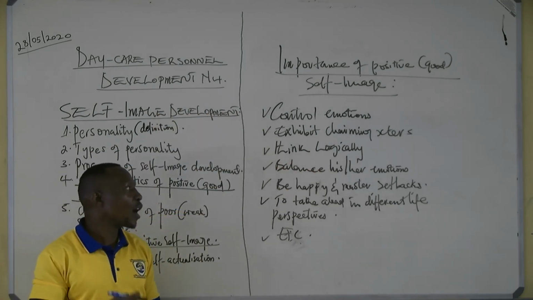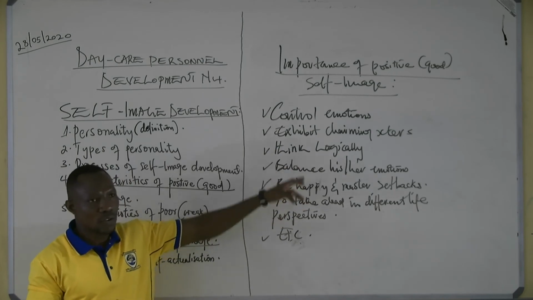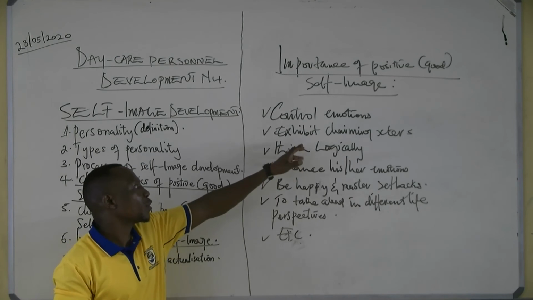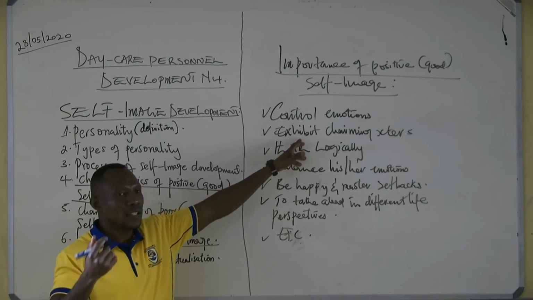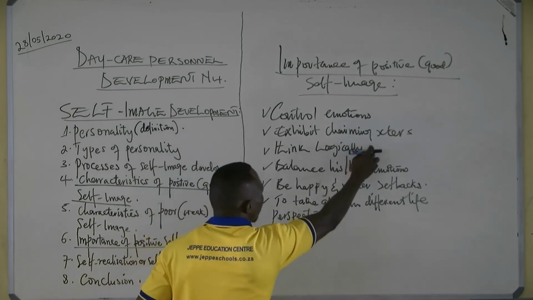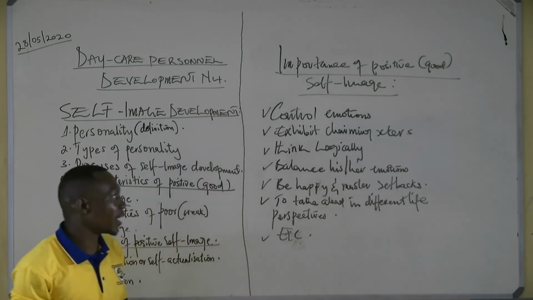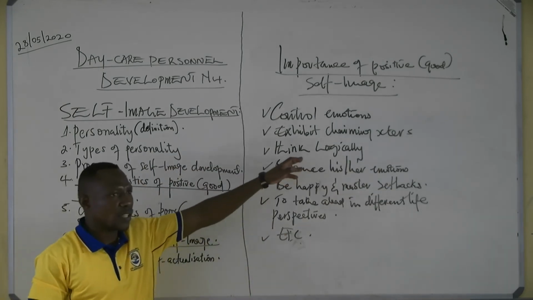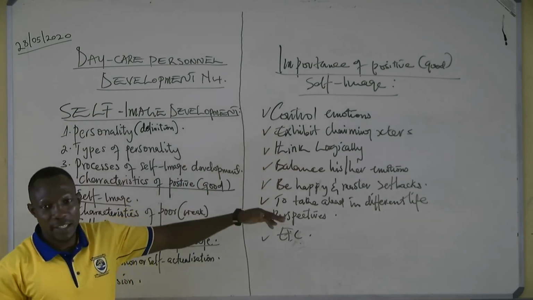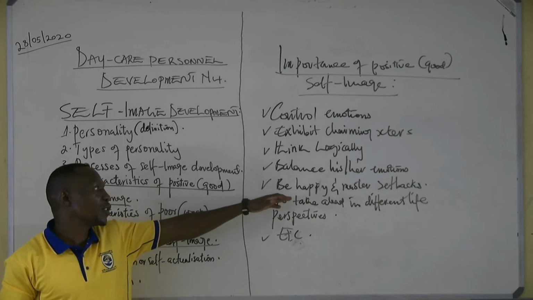Then think logically. Having a positive self-image helps this person to go an extra mile to work on his personal knowledge, for this knowledge to always expand, and for this person to be able to think twice.